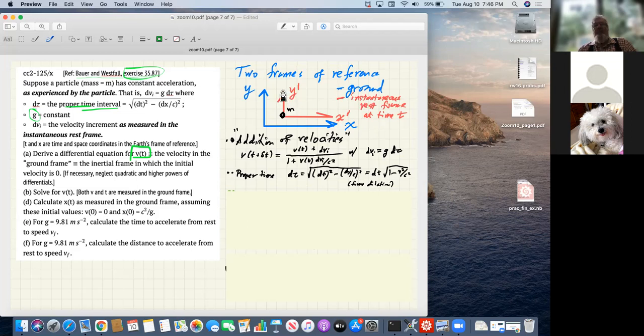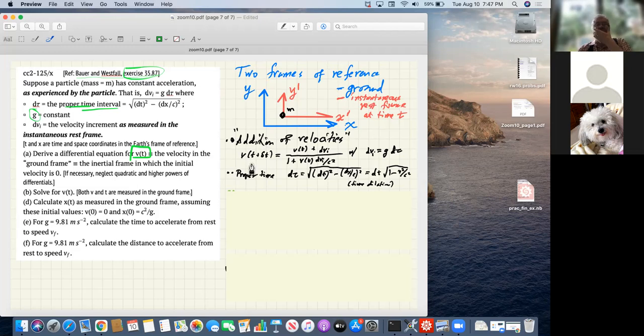Now, these red coordinates, x prime and y prime, are the coordinates in the frame of reference where the mass is instantaneously at rest. In other words, this primed coordinate system is moving with a velocity equal to the velocity of m at the time t that I'm interested in.